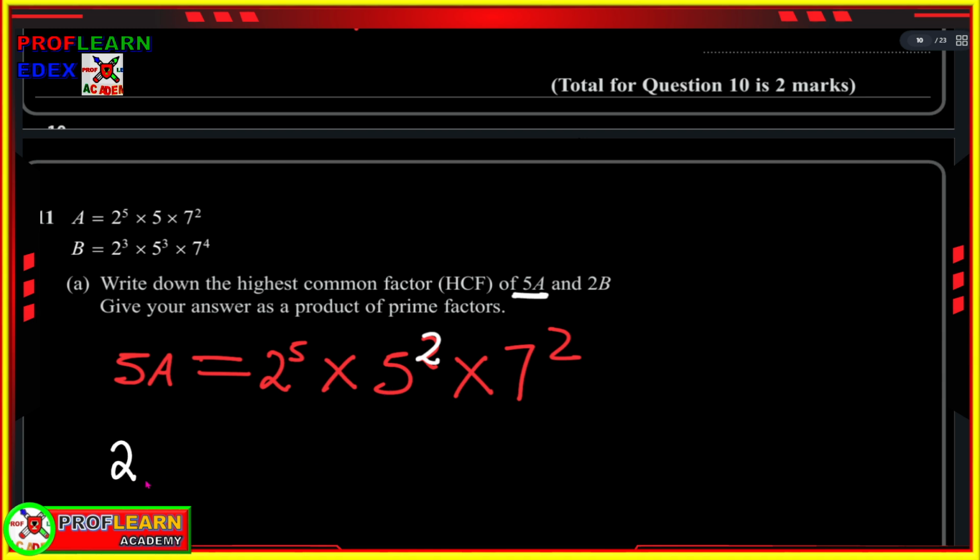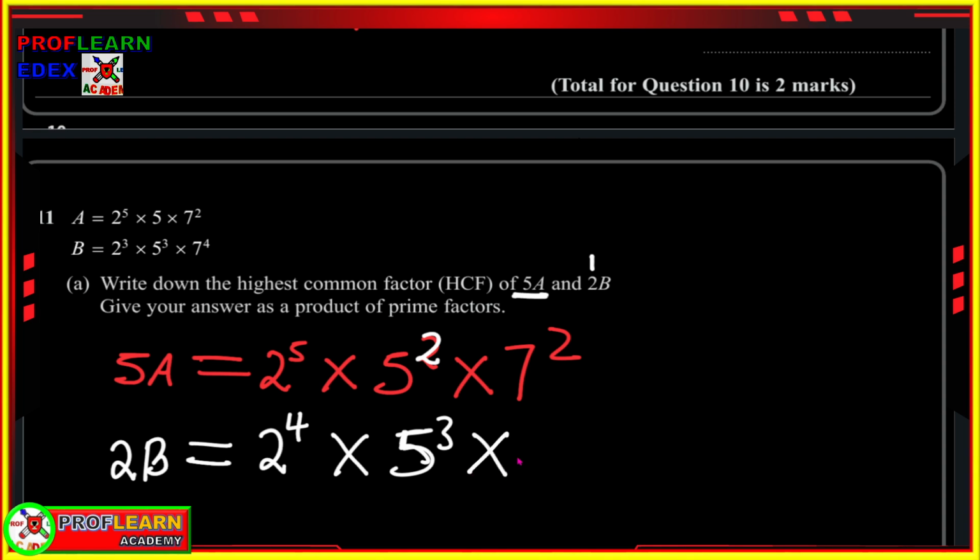So also 2b is going to be what? 2 raised to power 4, and 4 because we are going to introduce these 2 on this side, so that 2 times 2 raised to power 3 becomes 4, times 5 raised to power 3 times 7 raised to power 4.